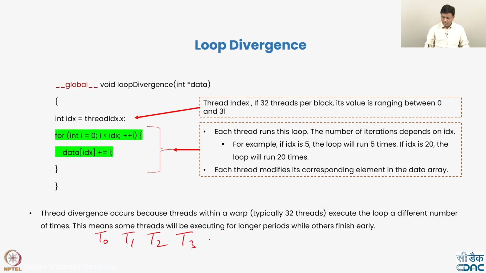The IDX value for thread 0 is 0, for thread 1 is 1, for thread 2 is 2 and for thread 3 the IDX value is 3. When this IDX value is passed to this for loop, for thread 0 the condition is not satisfied, so this will not execute.